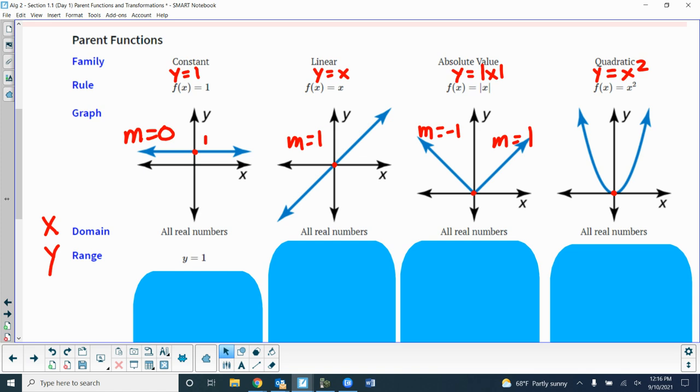What about the linear one? Can a line keep going in all directions this way? Yeah, so what could we say for that range? All real numbers, right? And remember, our little symbol for all real numbers is the parallel lines and then the R in there, right?